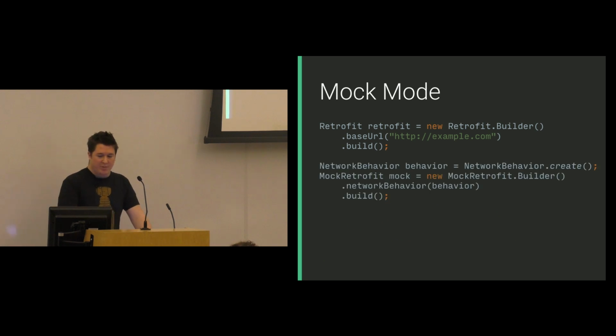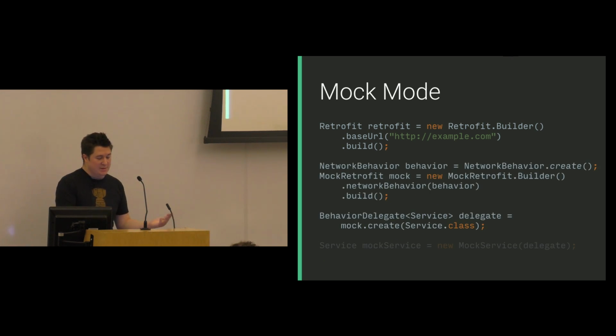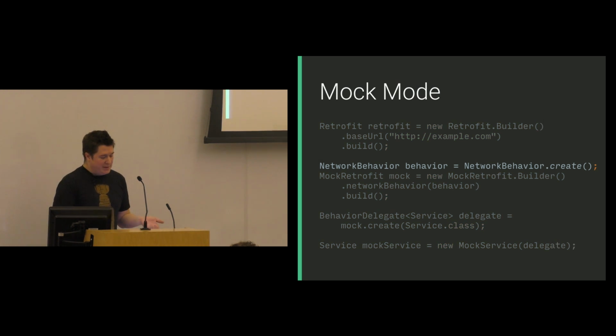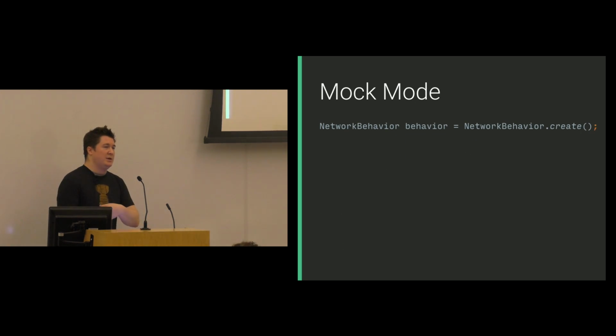There's a bunch of boilerplate to set it up, but you only have to do this once. And in the end, you get the mock service again. But the important bits are you have to call into that behavior delegate, and this network behavior is what controls how this fake HTTP layer behaves. So you can do things like set the delay.